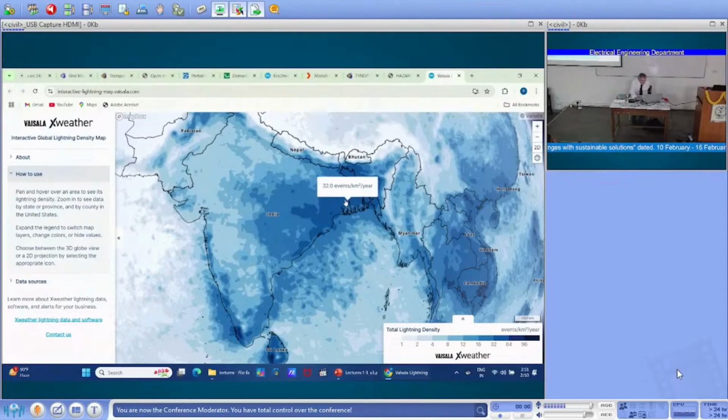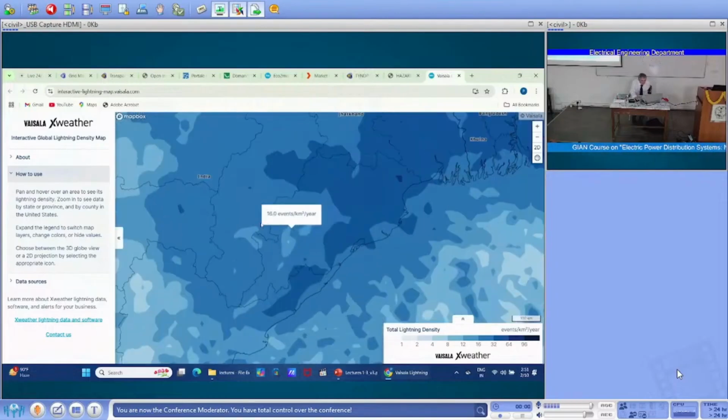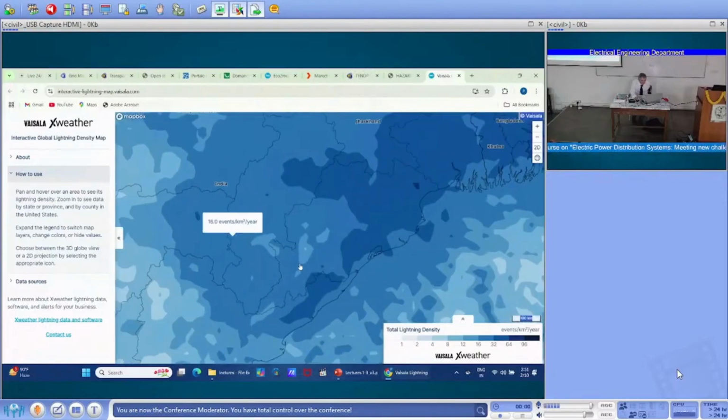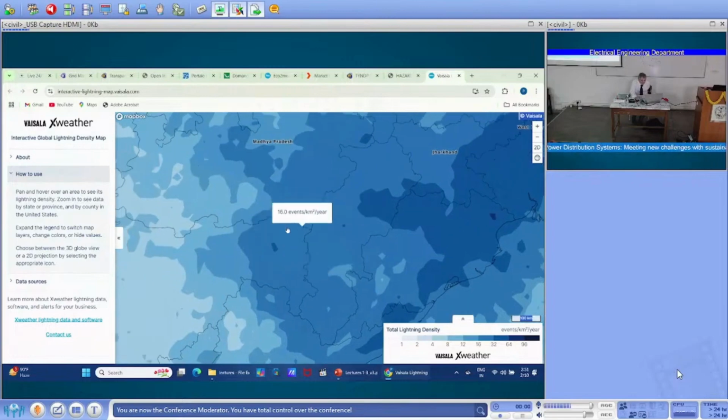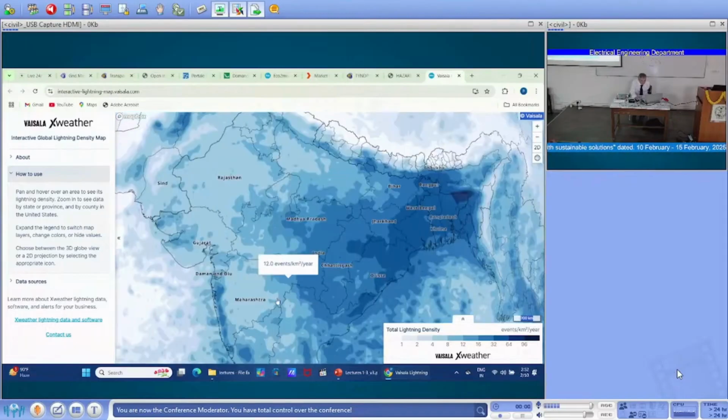and then 48, and then there are also some spots above 80 events per square kilometer per year. You see that it is varying. I mean, these maps are very specific for all these regions.